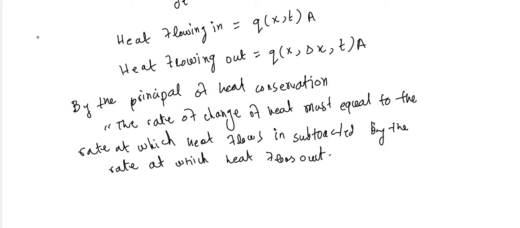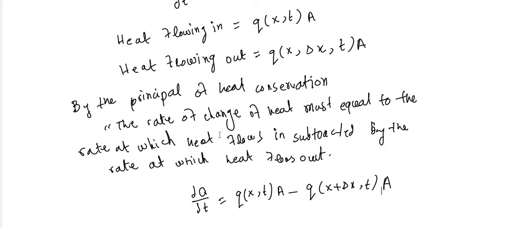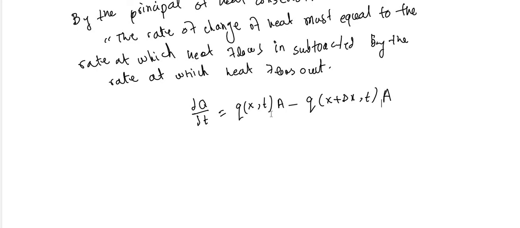This is going to be an equation like you will write dQ over dt, in which, according to your own model, your heat in is this one and your heat out is at x plus delta x and t, and then A. So according to your model, your equation for the heat conservation is this one.